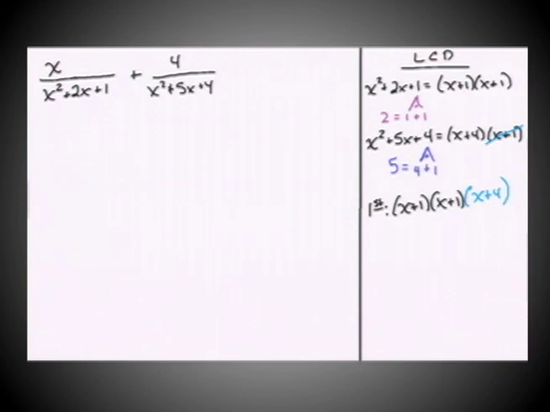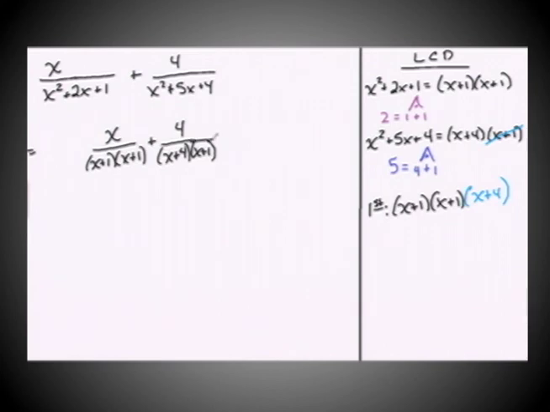So we'll come back to our problem here, and I'm just going to write these denominators in factored form now. This is x plus 1 times x plus 1, and we are adding that to 4 over x plus 4 times x plus 1.